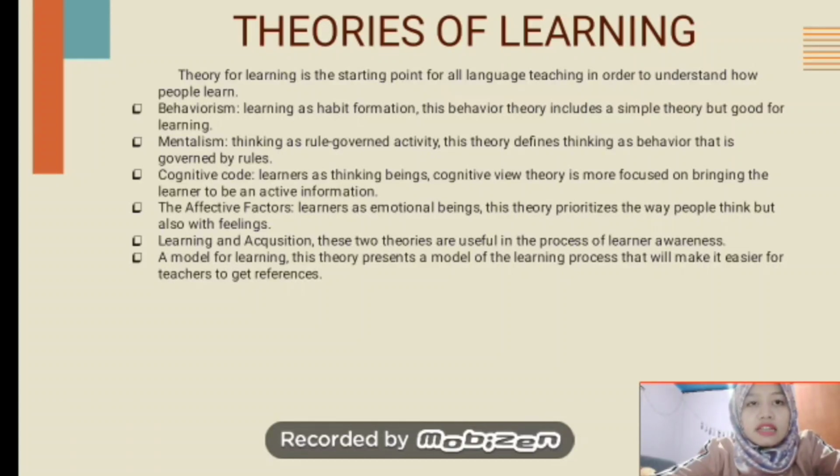Next, learning and acquisition. These two theories are useful in the process of learner awareness. And the last, a model for learning. This theory presents a model of the learning process that will make it easier for teachers to get a reference.